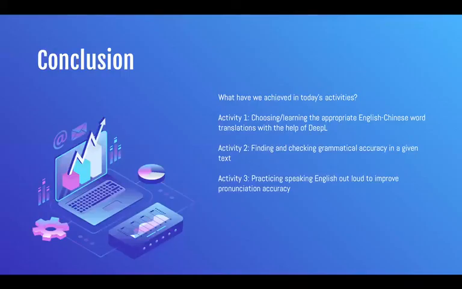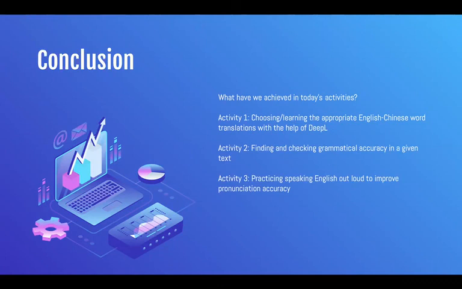Okay, so let's have a short conclusion at the end of our learning activities. So let's go through what we've achieved during today's activities once again. In activity 1, we were able to choose and learn some appropriate English-Chinese word translations for the poems with the help of the web tool DeepL.